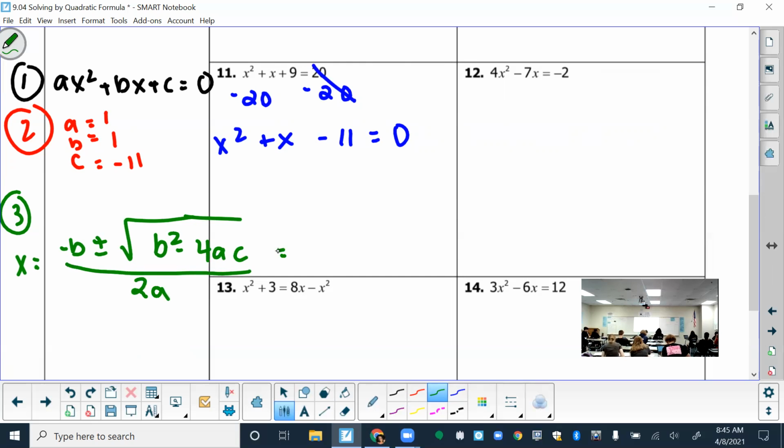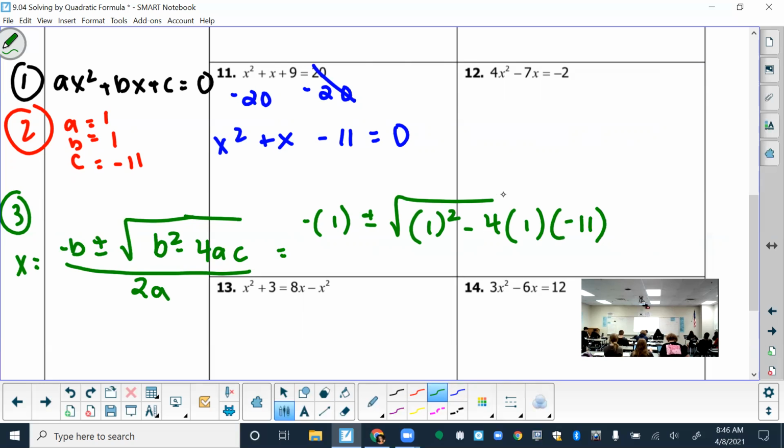And then practice plugging it in yourself to make sure you're getting the hang of it. But negative b, so -1 plus or minus the square root of b squared, so 1 squared, minus 4ac. So -4 times 1 times -11.